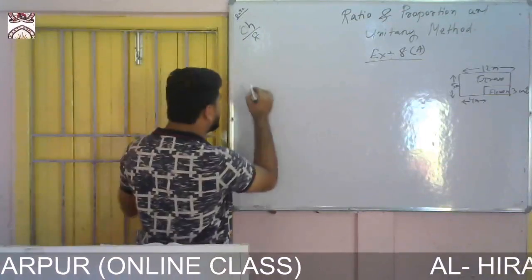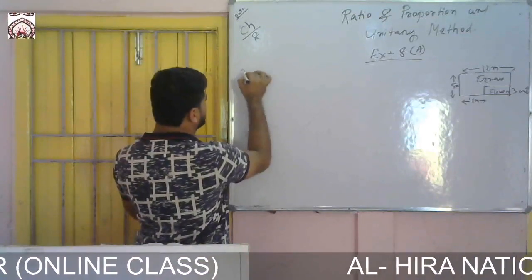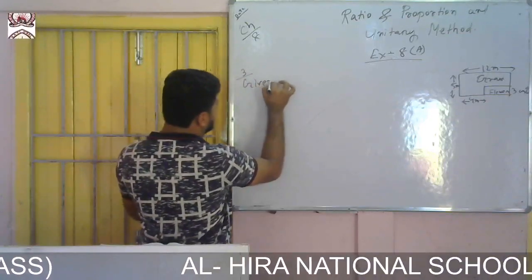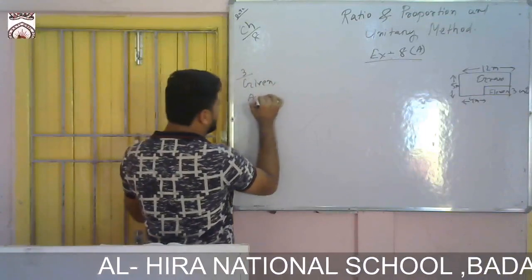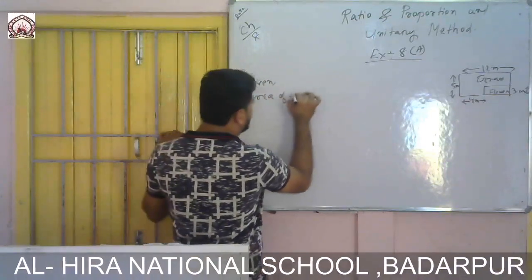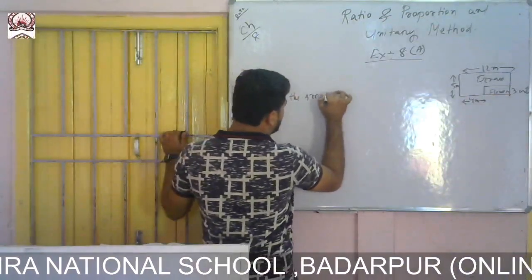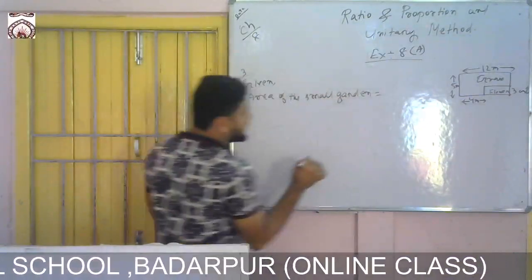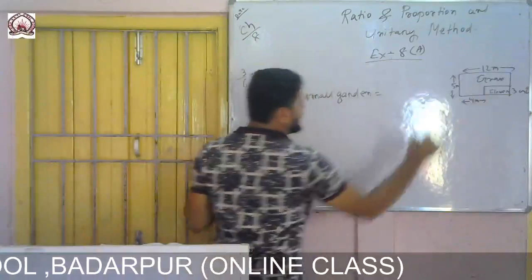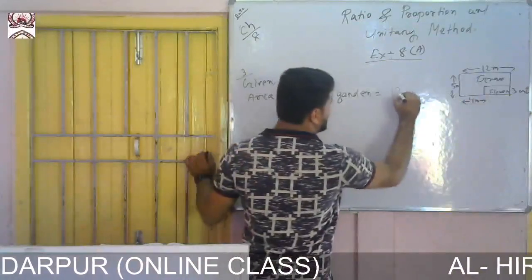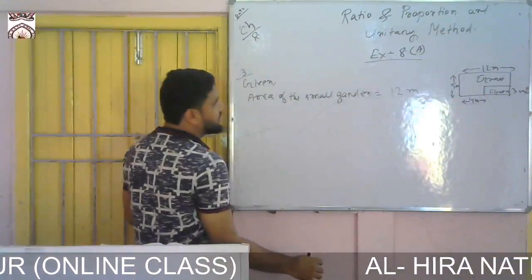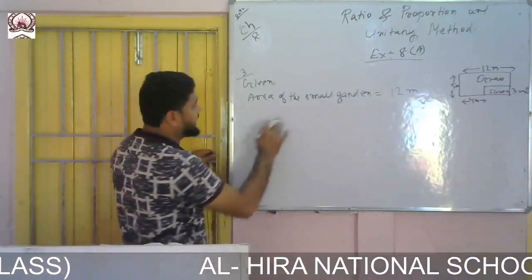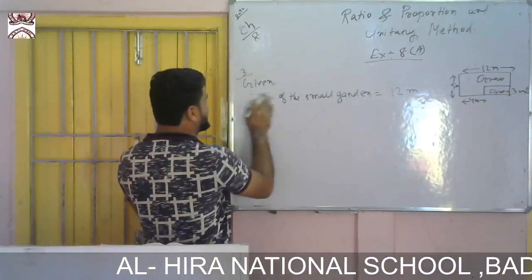Given, question number 3. Given length of the small garden. Okay, length, not area. We need to find the area.